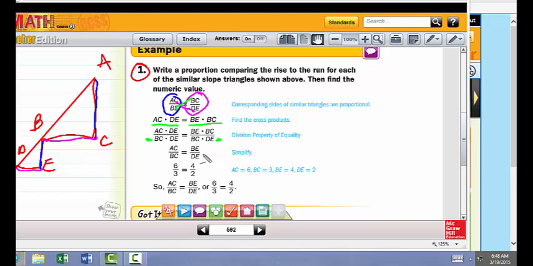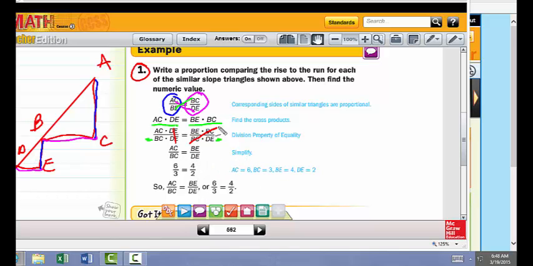Well, by doing that, you can see that you can then cross-simplify here. BC over BC is 1, so we can get rid of it. DE over DE is 1, we can get rid of that. And what you're left with on the left side is AC over BC equals BE over DE. And that's after we simplify it.